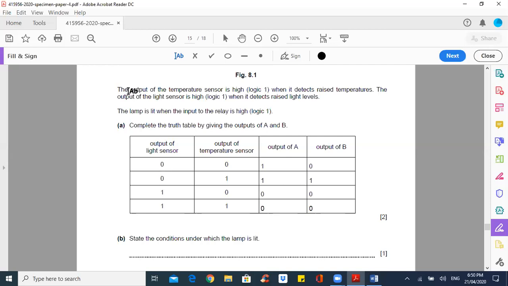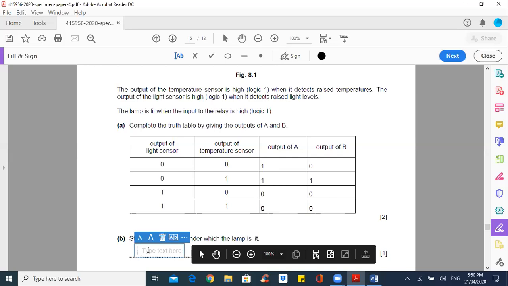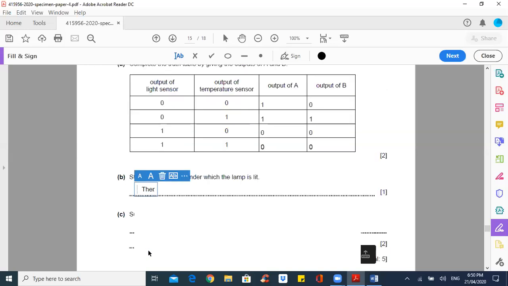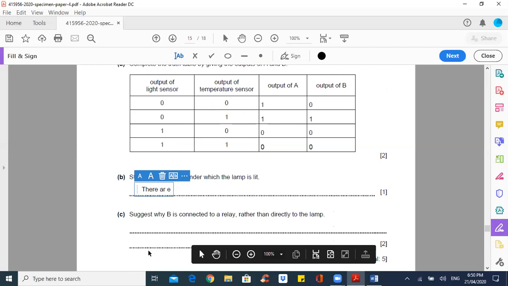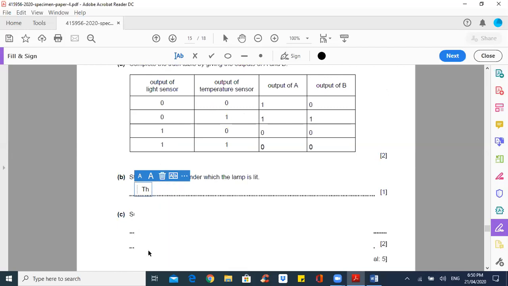When it is 0, it means a low level of light. So the first condition is there are low levels of light, or you could say it is dark.